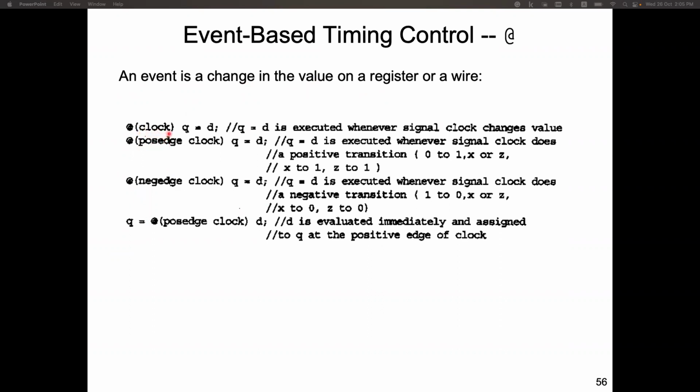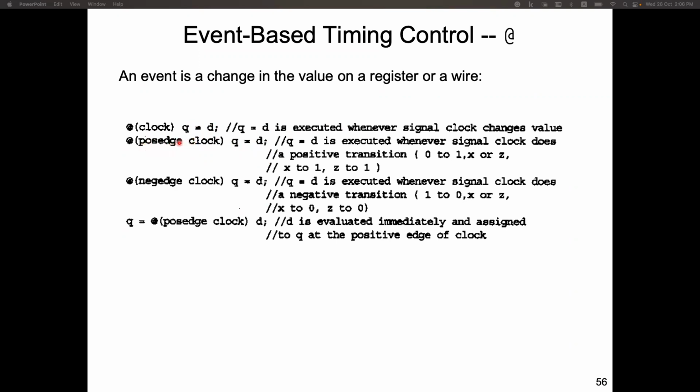So here, at the event of clock, D is assigned to Q. This statement is executed whenever signal clock changes value. In the second example here, this statement is executed whenever signal clock does a positive transition.